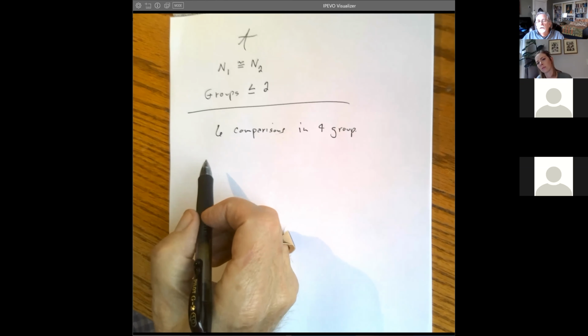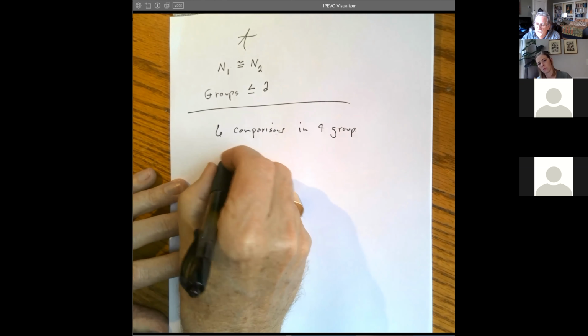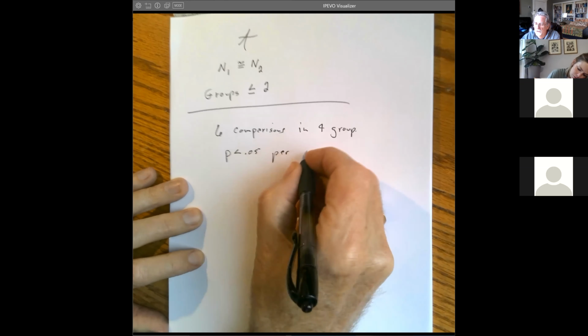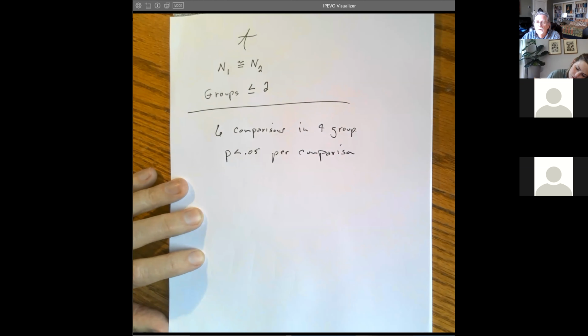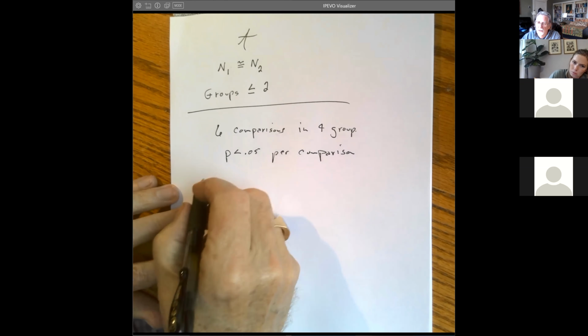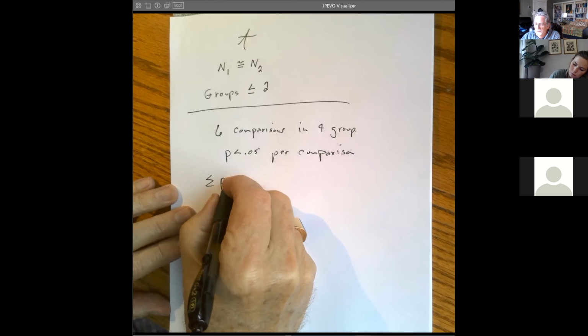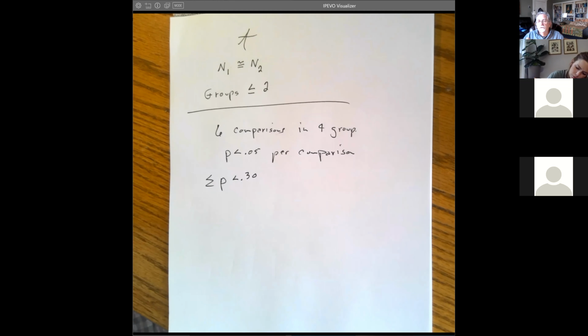If you think about it, each one of those comparisons, you are testing at a p-value of less than 0.05 per comparison. And so if you do 6 comparisons, by the time you do 6 comparisons, the summative p-value is now less than 0.30, because it would be 0.05 for each one of those comparisons.